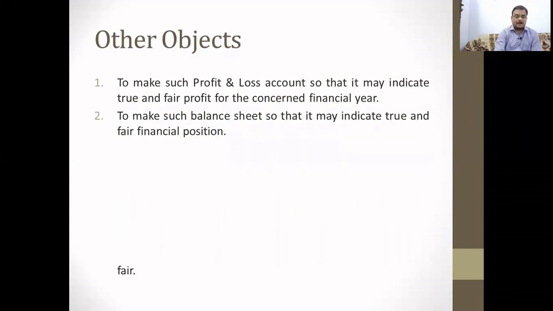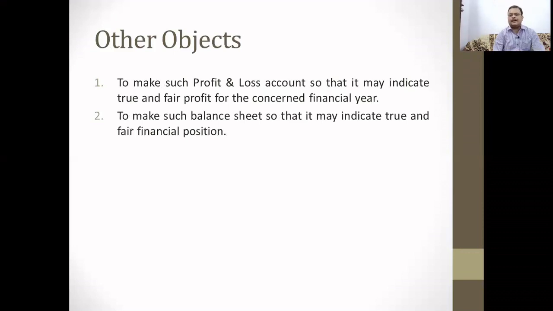Okay. Now some other objects. The other objects are to make the profit and loss account so that it may indicate the true and fair profit or loss of the concerned financial year. You have to make these adjustment entries for preparing a correct and fair financial statement, for finding the correct and fair profit or loss of your organization, and to make the balance sheet so that it may indicate the true and fair position of your organization.